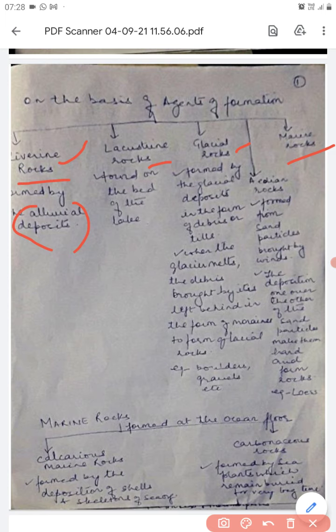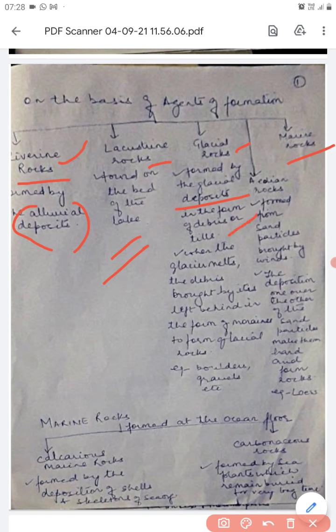Lacustrine rocks are found on the bed of the lake, that is, the bottom region of the lake. Glacial rocks are formed by glacial deposits in the form of debris or tills.